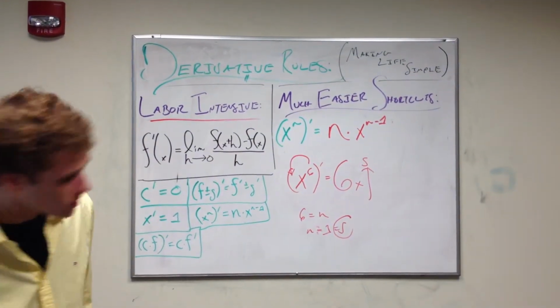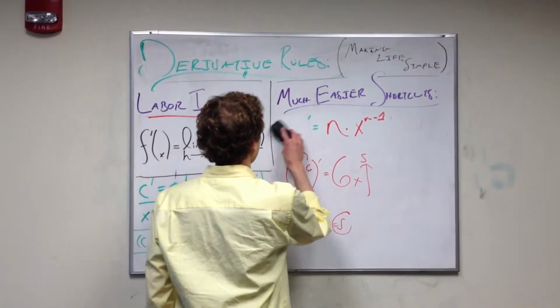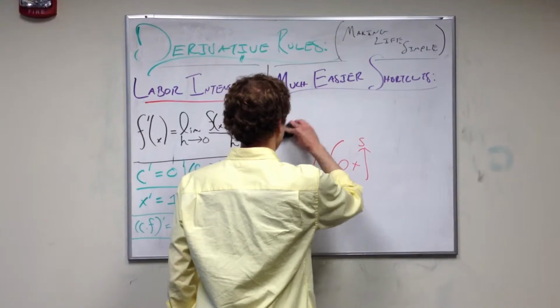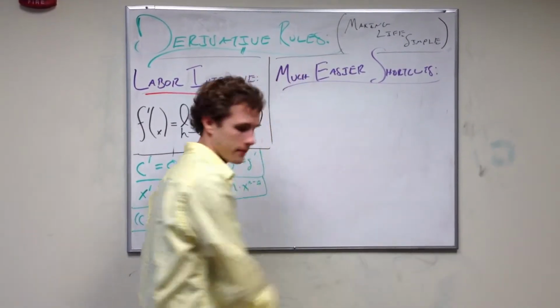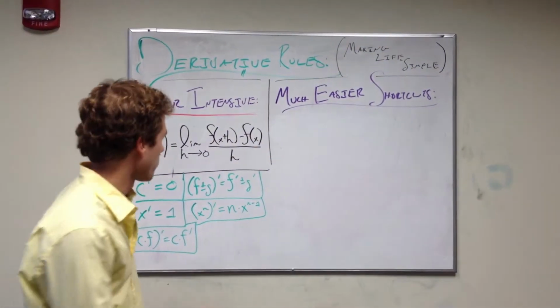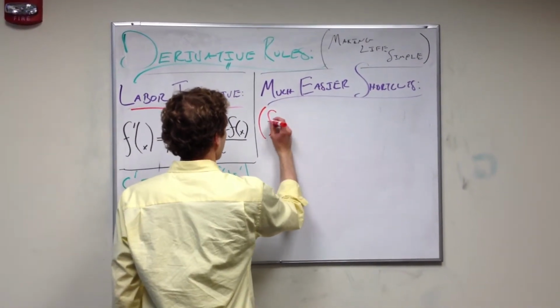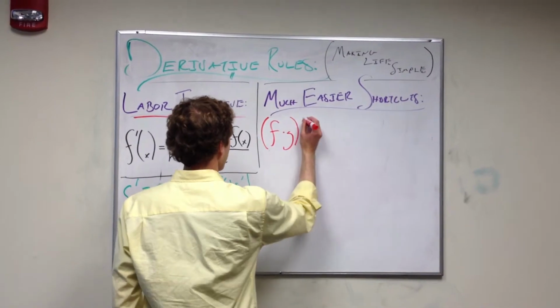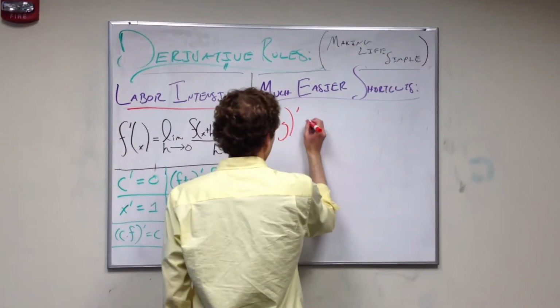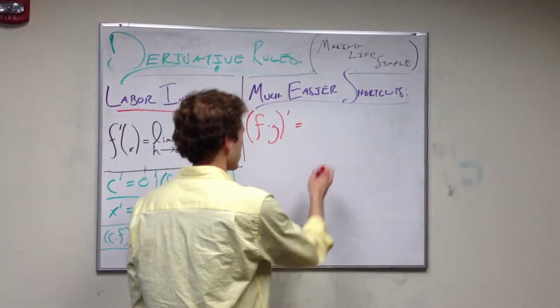Another convenient rule. Let's talk about if we have products. Let's talk about things being multiplied together with one another. So let's say we have a function f times g, all of this prime. Well, there are 2 right answers to this.